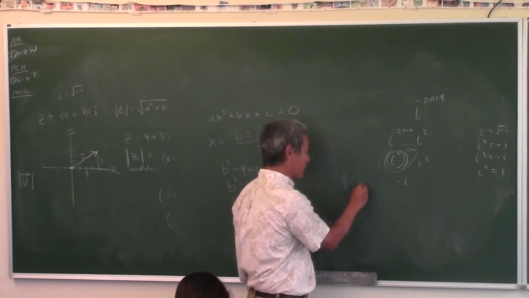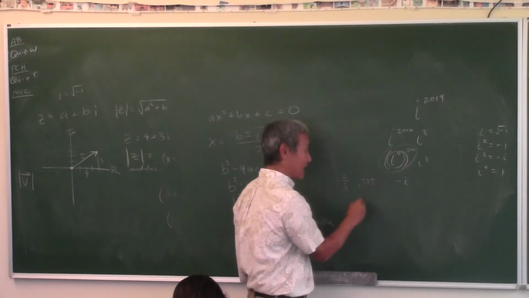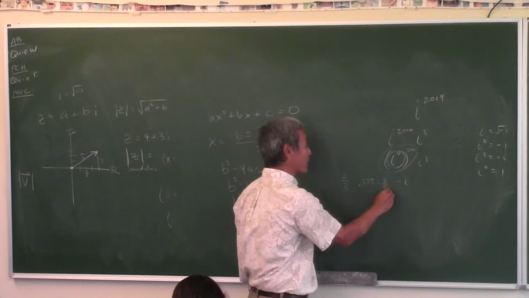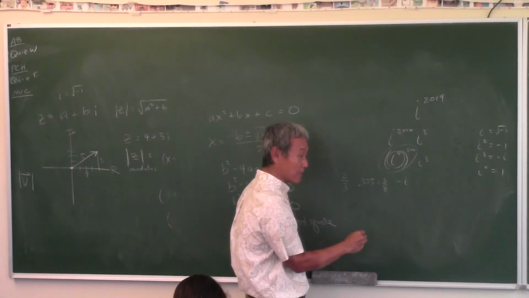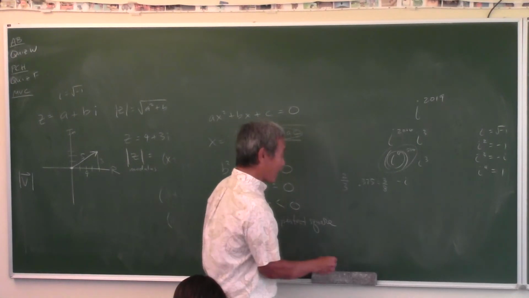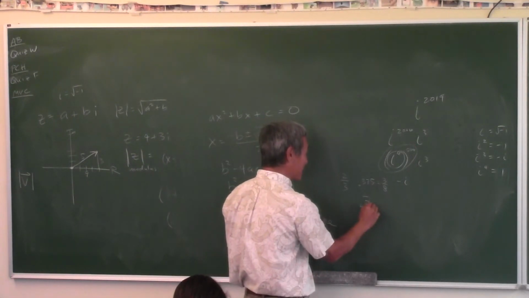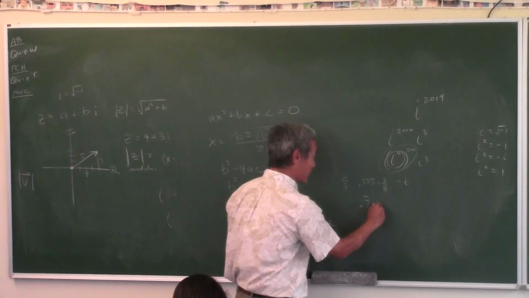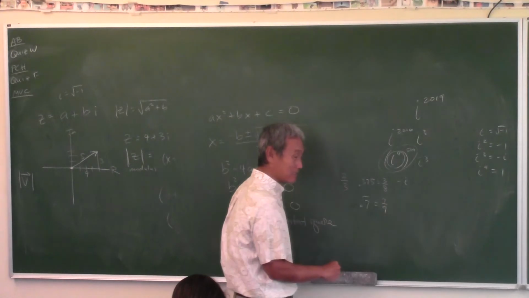Or how about 0.375? Is that a rational number? Yes, because you can write it as 3/8. What about 0.7 repeating? Is that a rational number? Yes, because you can write that as 7/9.